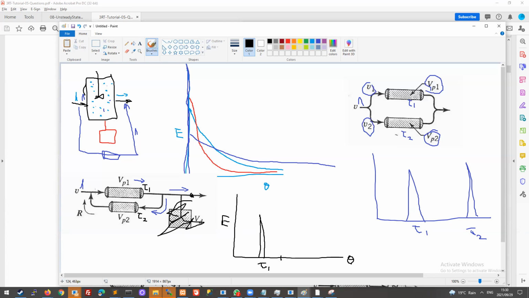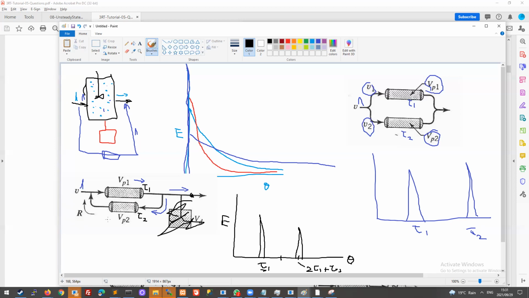And then it will enter here, and it will be delayed by a further tau 1. So here you've got tau 1, then this is tau 1 plus tau 2, and then this is tau 1 plus tau 2 plus tau 1, so 2 tau 1 plus tau 2. Okay, so you've got a little spike here, and this spike will be a bit lower than the first spike because it's split now, so there's less coming through.